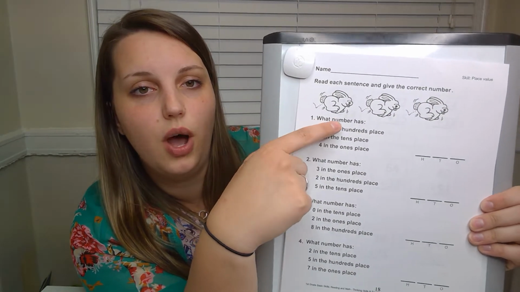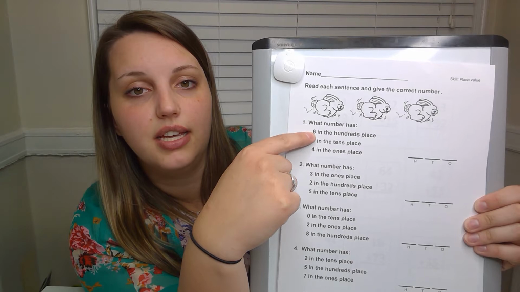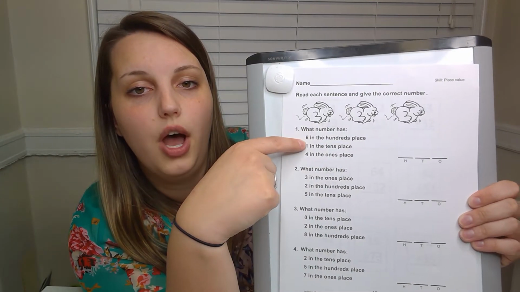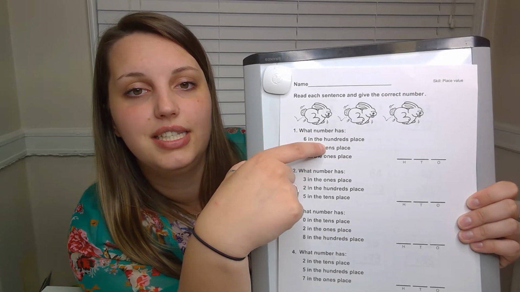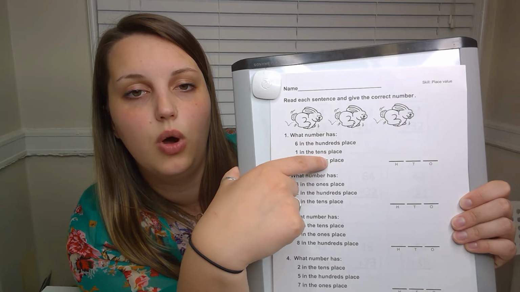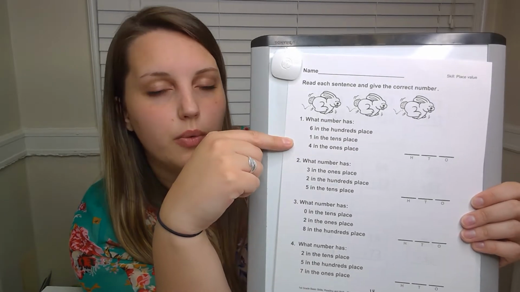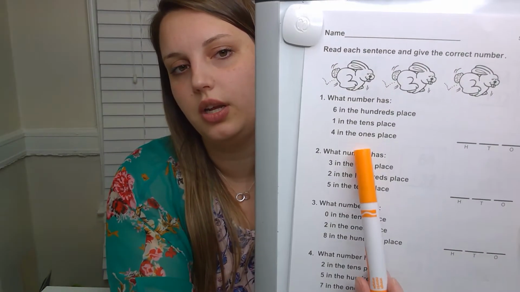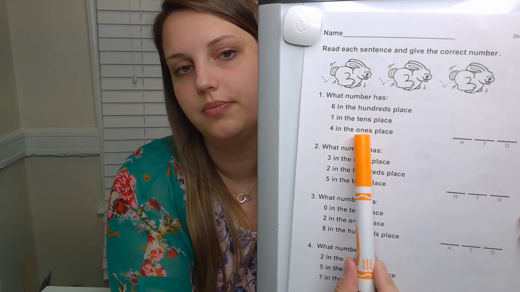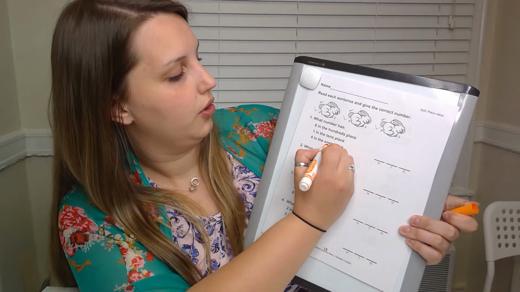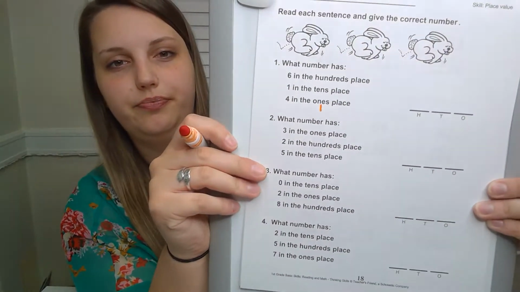The first says, what number has 6 in the hundreds place, 1 in the tens place, 4 in the ones place? Before we begin, let's take out our ones marker, which is our orange. We're looking for that word here. It says ones. Let's put a 1 underneath the word ones.